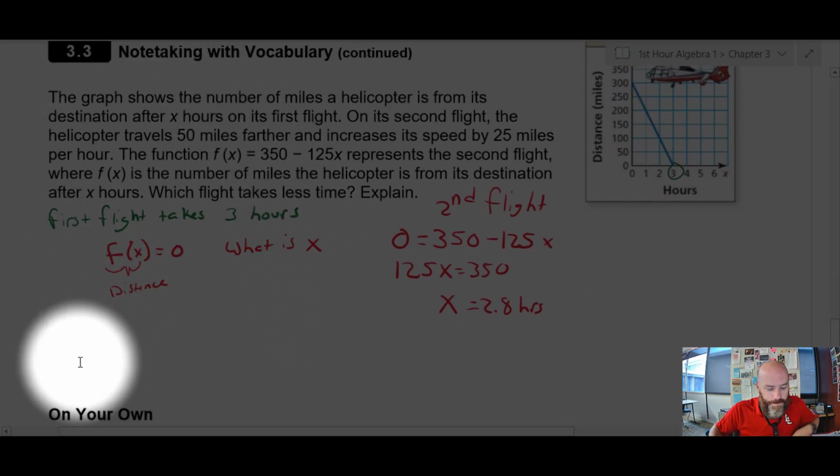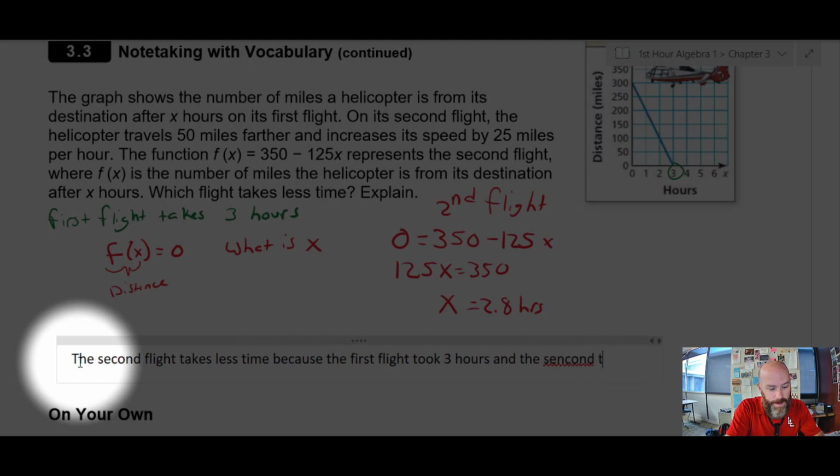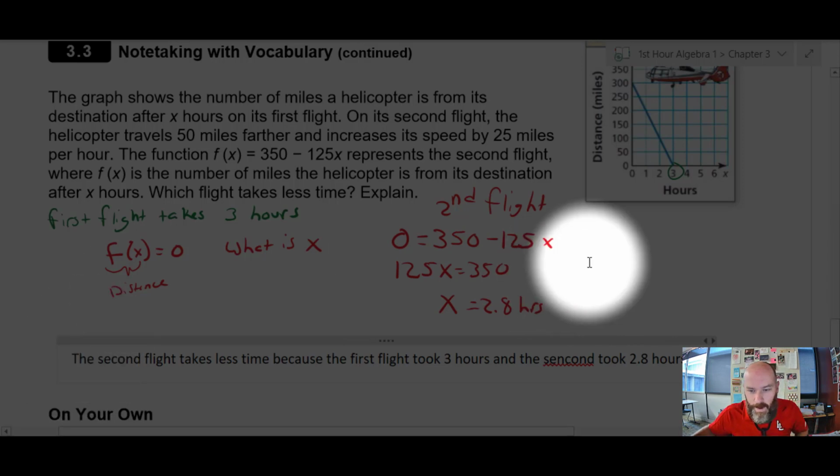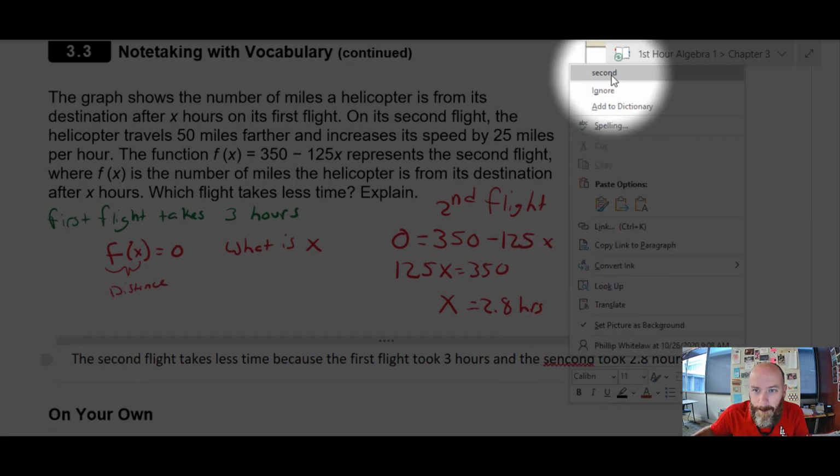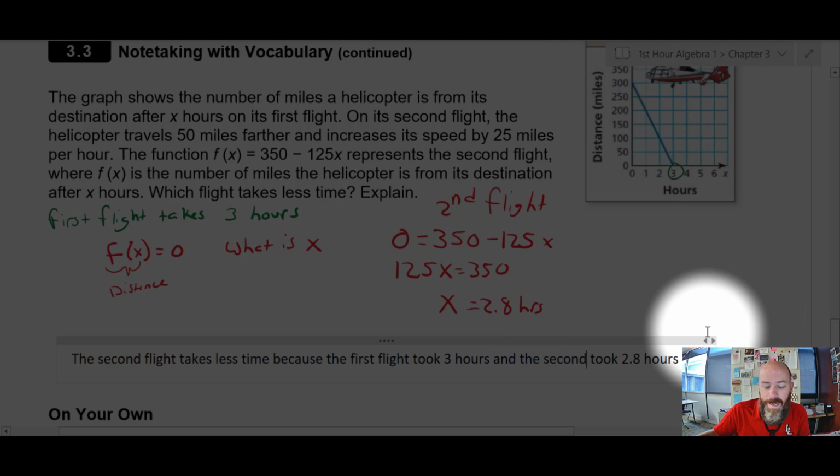My answer here would be the second flight takes less time because the first flight took 3 hours and the second took 2.8 hours. Helps if I can spell the word second. The second took 2.8 hours.